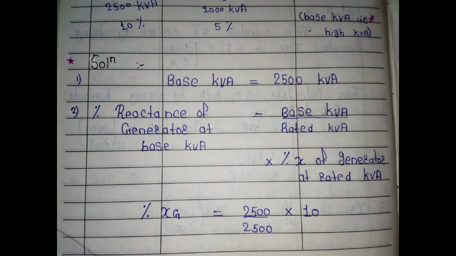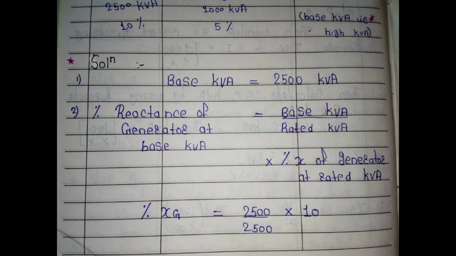Then we find the percentage reactance of generator at base kVA. The formula is: percentage reactance at base kVA is equal to base kVA upon rated kVA multiplied by percentage reactance at rated kVA.